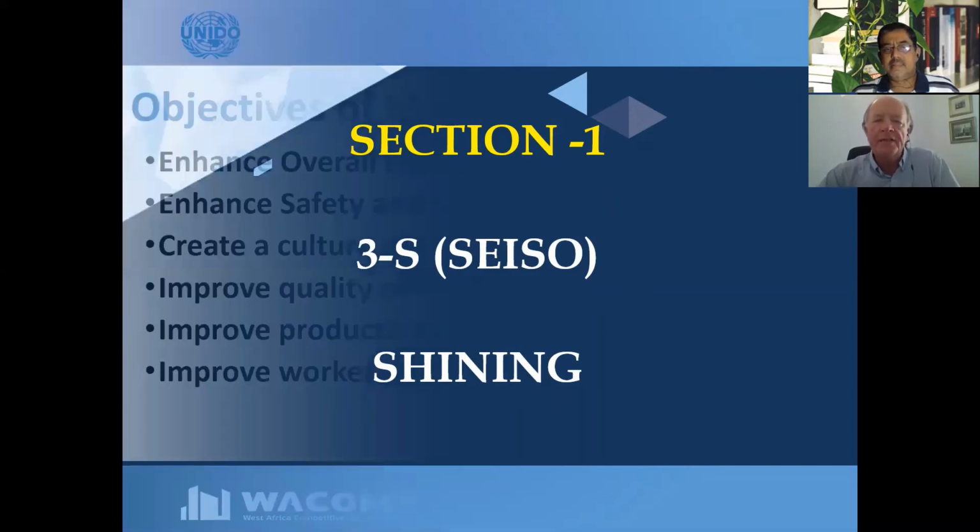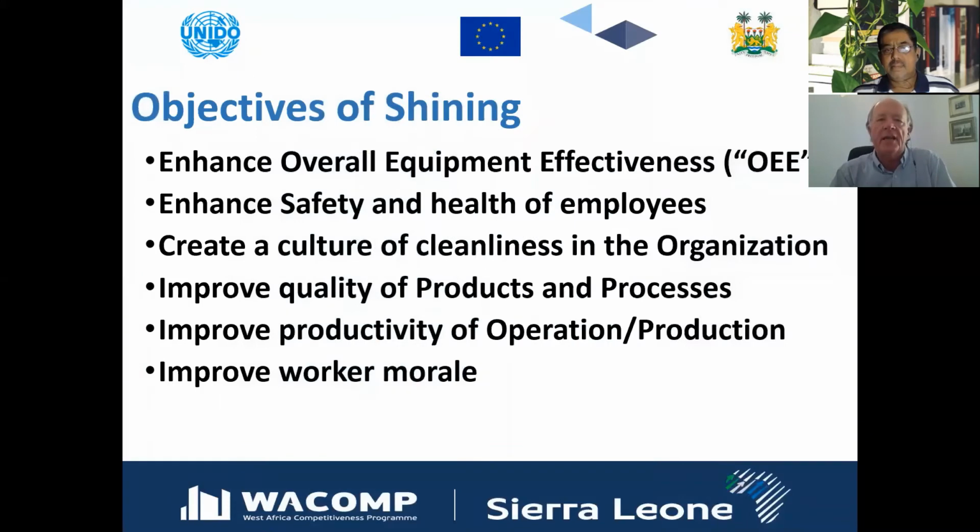The objectives of shining basically are to enhance the overall equipment effectiveness, to enhance the health and safety of employees where we can see hazards more clearly, to create a culture of cleanliness in the organization, and by doing that, improve the quality of our products and processes. Obviously, in some industries and sectors, we have to have a clean workplace.